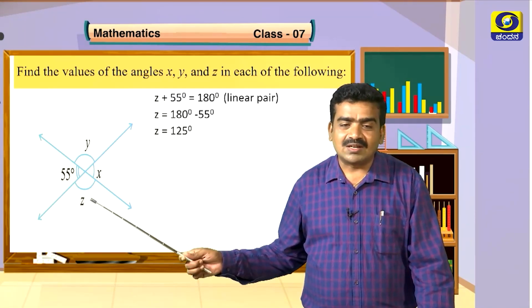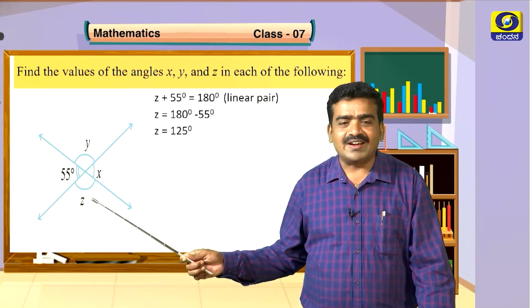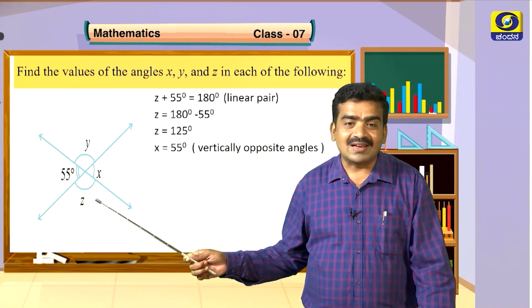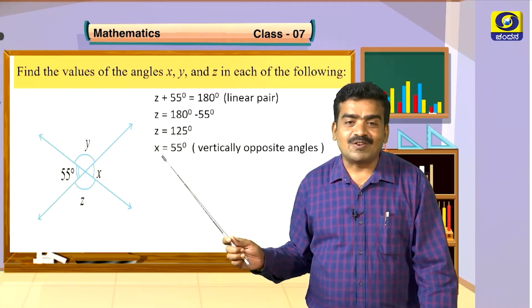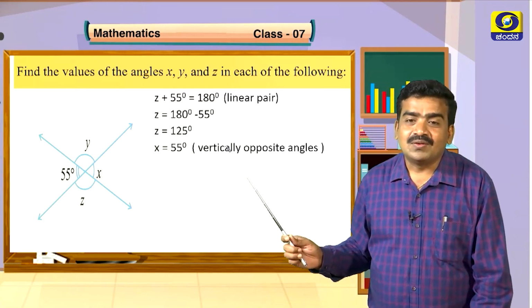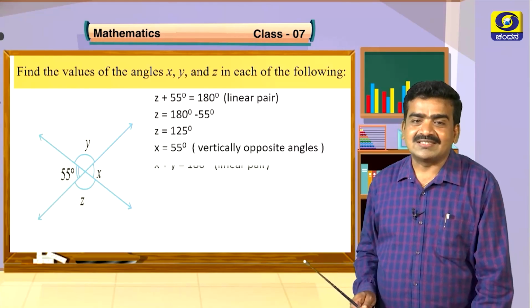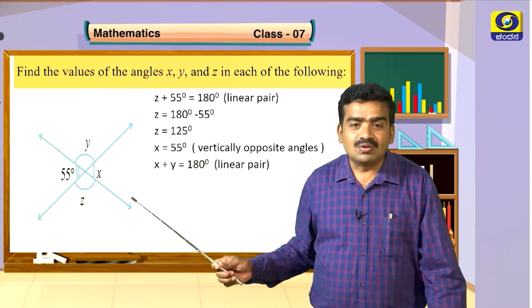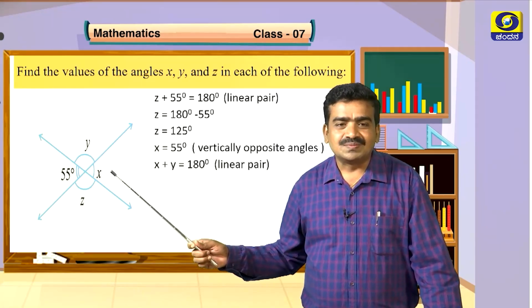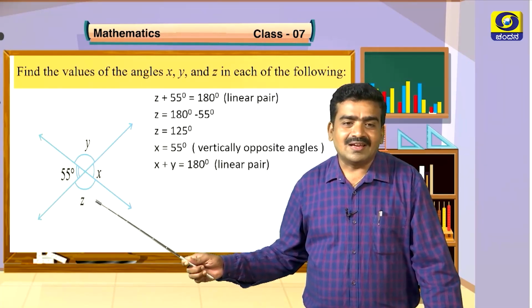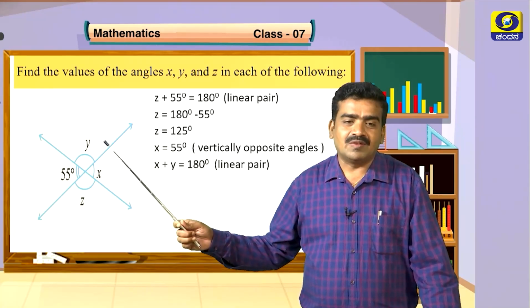Then what does z measure? 125 degrees. Now, what do we have to calculate next? Angle x. So, here x measures 55 degrees because they are vertically opposite angles. Now, how to find angle y? We can take the help of angle z to find y.